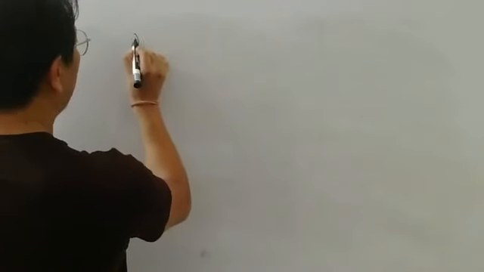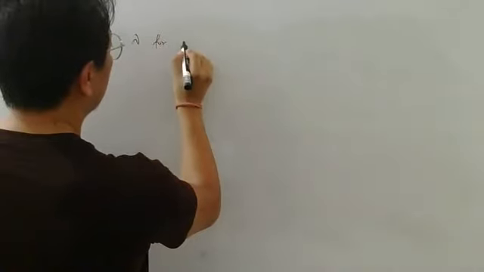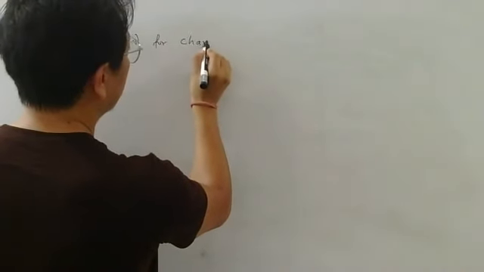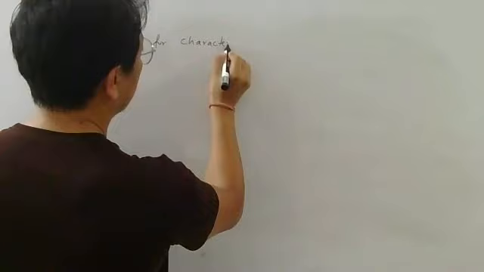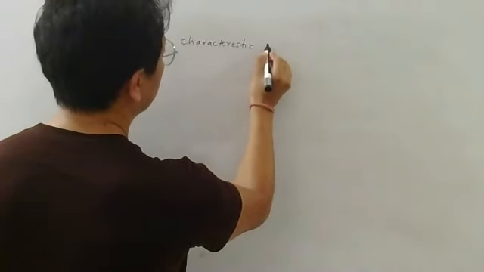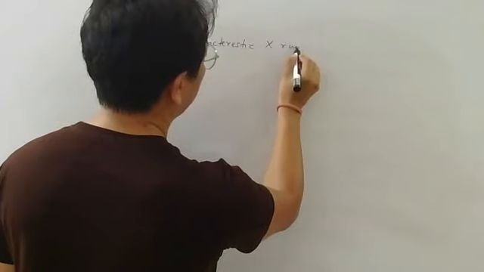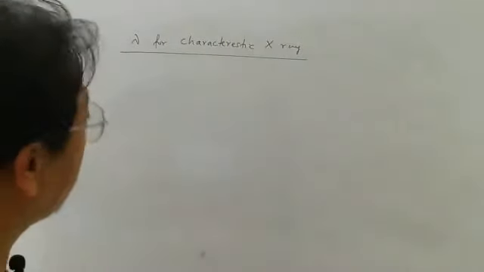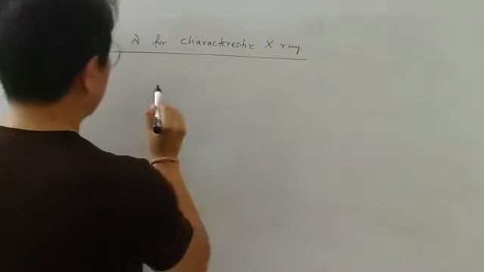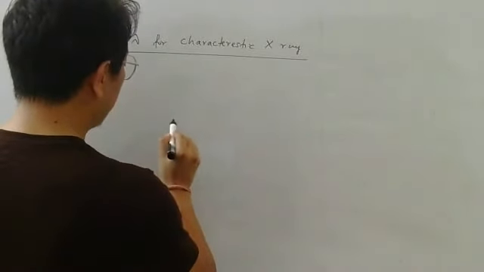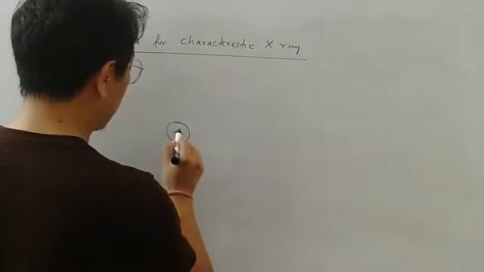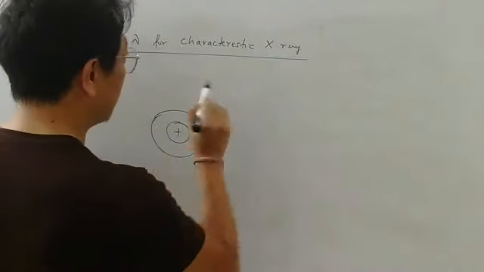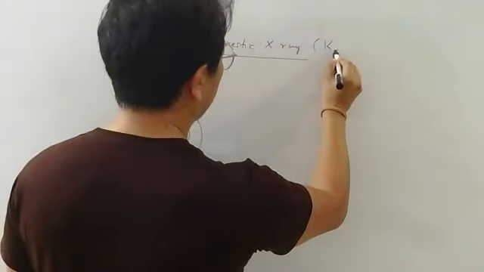How to write the wavelength lambda for characteristic X-rays. As I told you, this is your nucleus. We will discuss only K alpha right now.